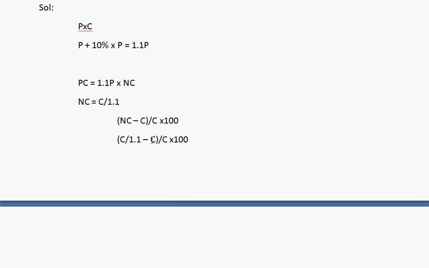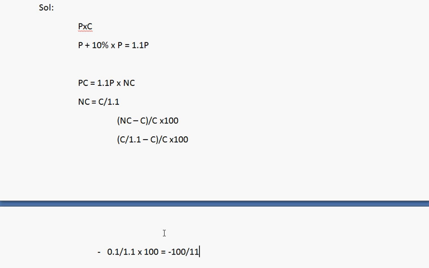So it would become minus of 0.1 divided by 1.1, this whole multiplied by 100, which is equal to minus of 100 divided by 11.